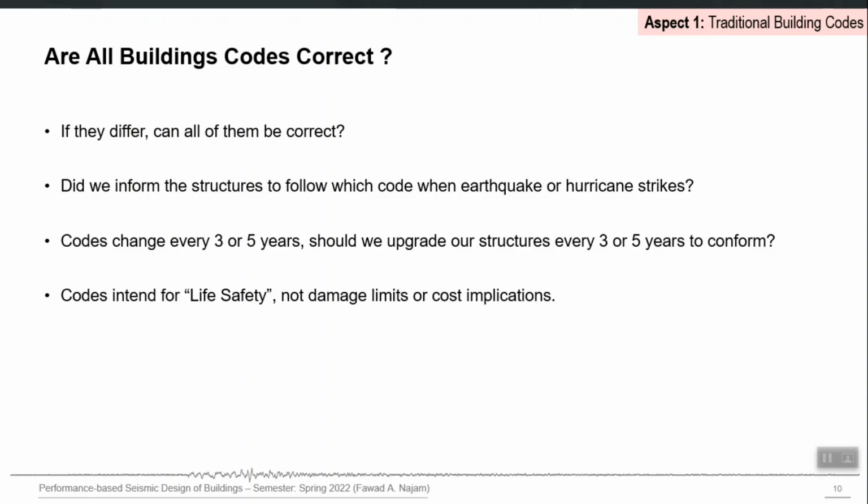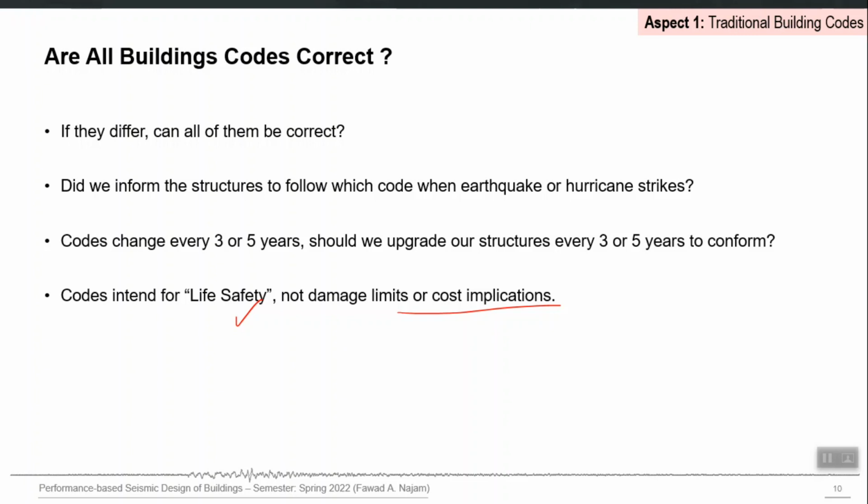Similarly, codes intend for life safety, not damage limits or cost implications. The intention behind building codes is life safety, right? Life safety is the performance which the code writer keeps in his mind. He is not concerned with the cost implications.